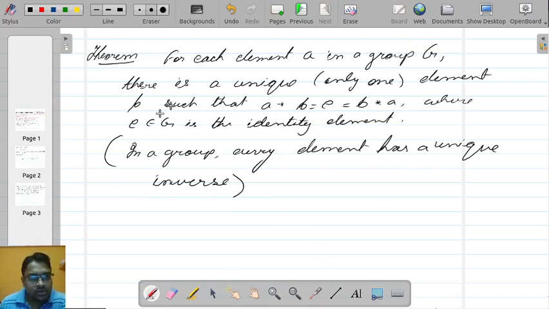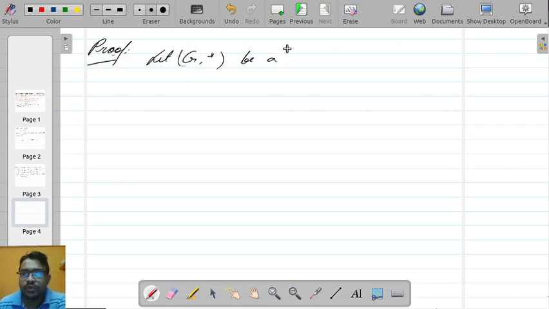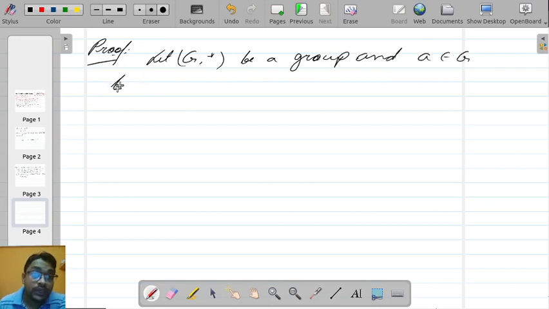So how do I prove it? Let's see. In the proof, let us start with an element of the set G. Let G star be a group, and let us take A belongs to G be any element.